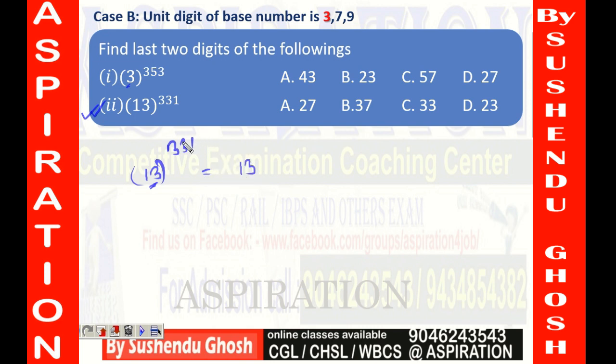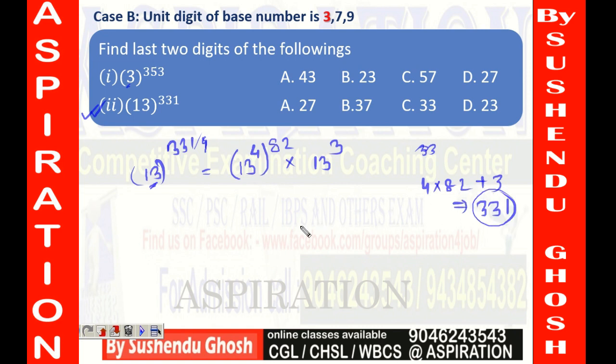We have to break the power, dividing by 4, which gives 82 into 13 cube, which gives you 331, means 4 into 82 plus 3, in the power.